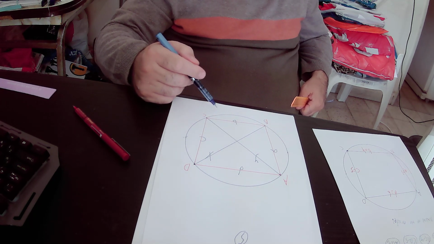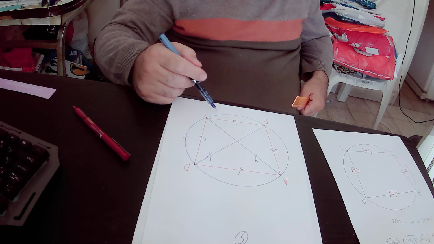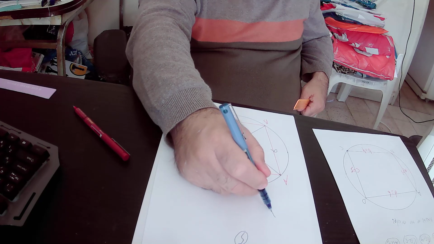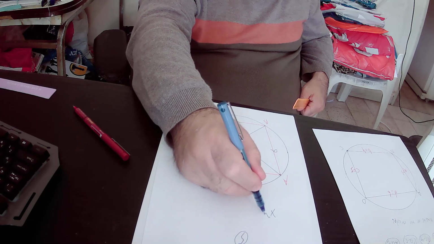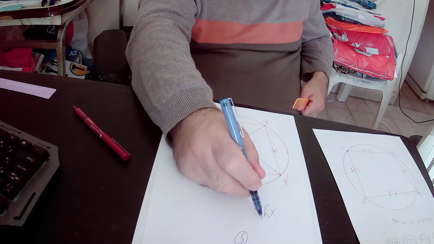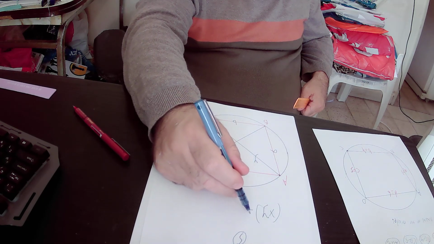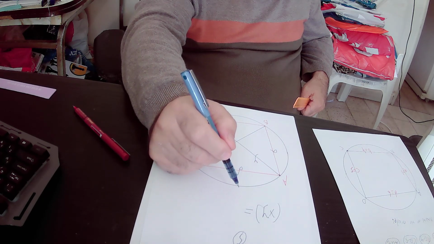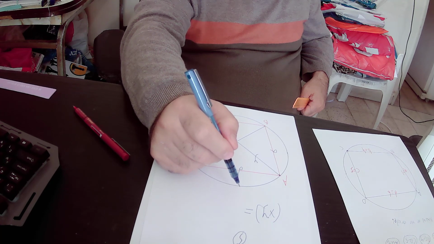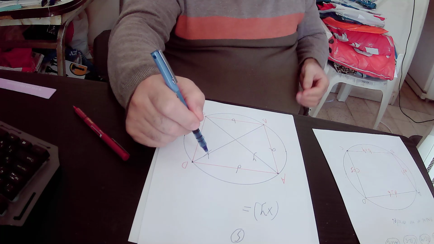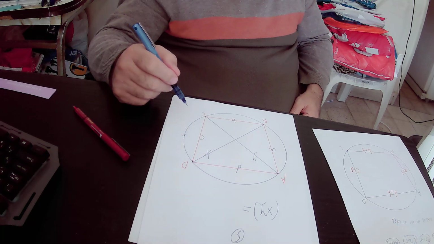Then the product of its diagonals, that is to say X times Y, equals, according to rule number 2, the sum of the products of its opposite sides.